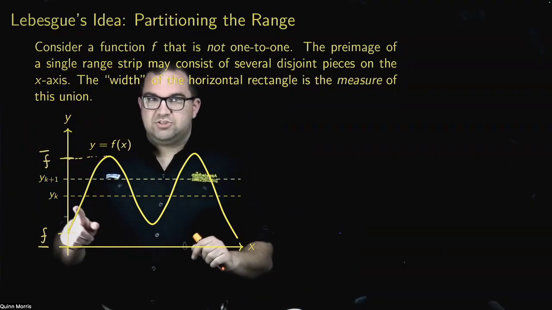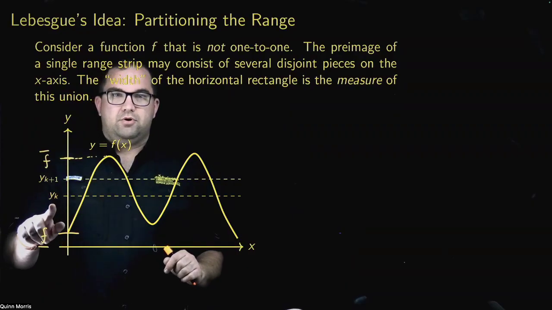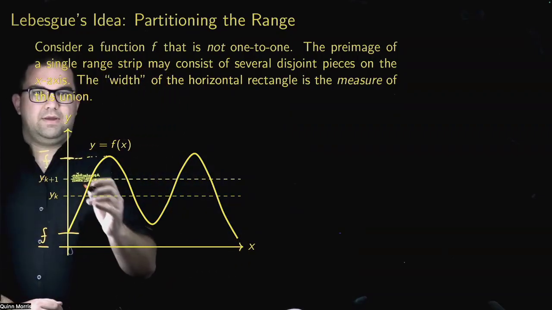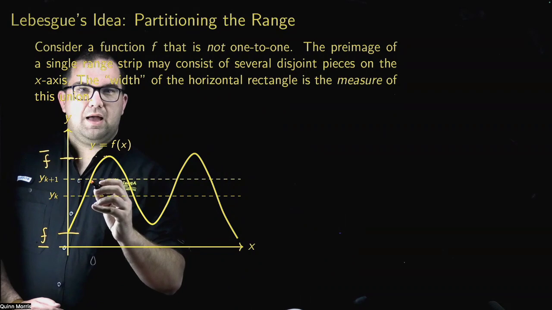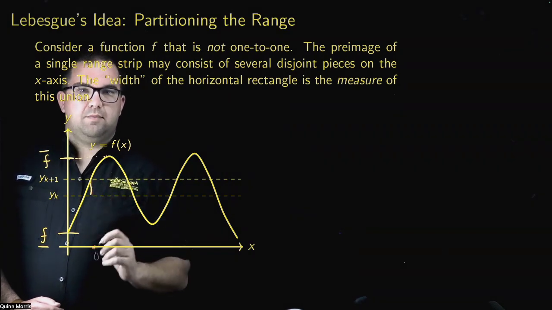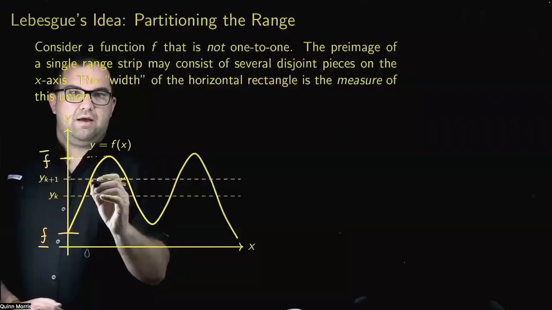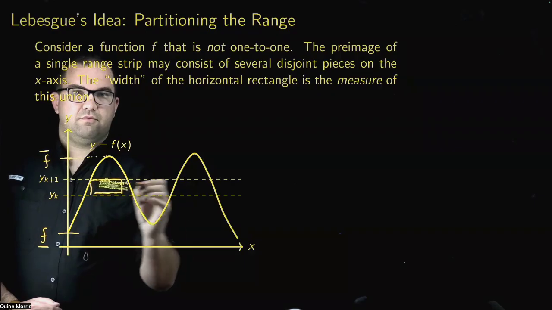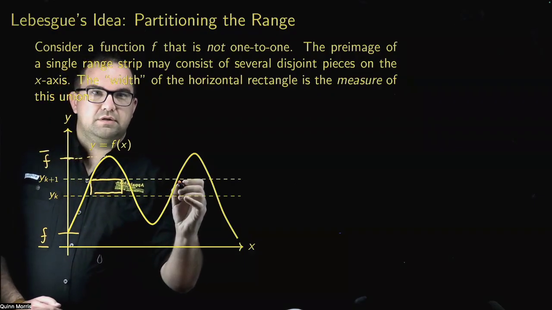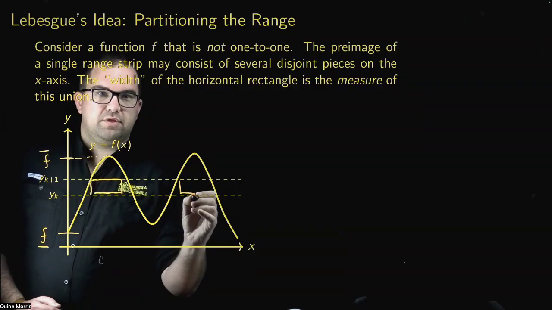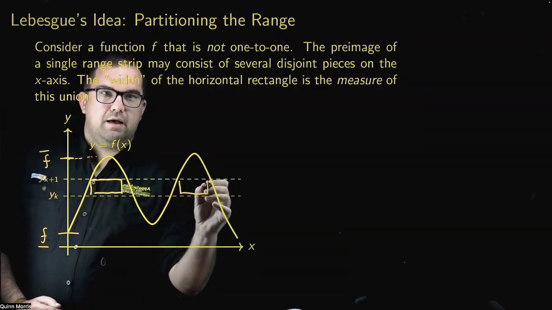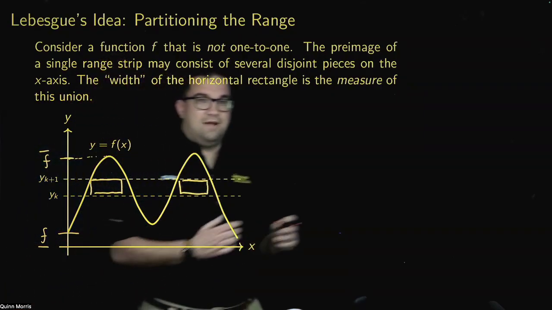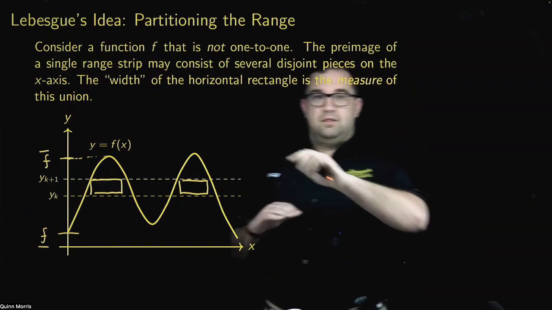Now, imagine I do that, and here are two values in my partition, y sub k and y sub k plus 1. What I'm doing is choosing the height of this subinterval to be the height of my rectangles. But now I want to fill in this gap here, and what you see is that I end up with these disjoint pieces. If you think back to doing a Riemann sum, you had to choose a left or a right-hand rule.